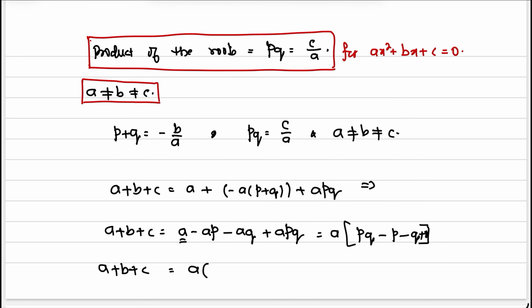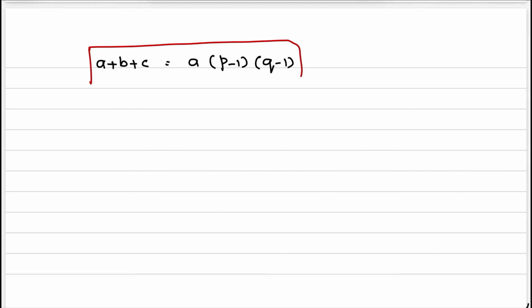A into P minus 1 into Q minus 1. Do you agree? PQ minus P minus Q plus 1. That implies A into P minus 1 into Q minus 1. This is another equation, another identity we have deduced from the given conditions.